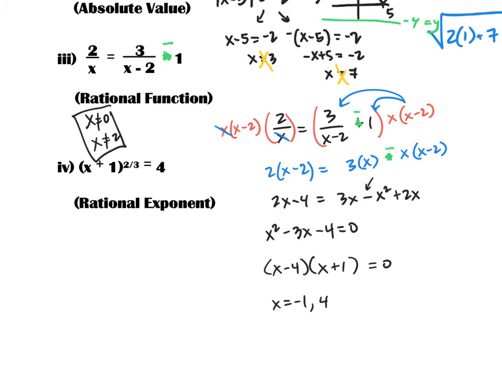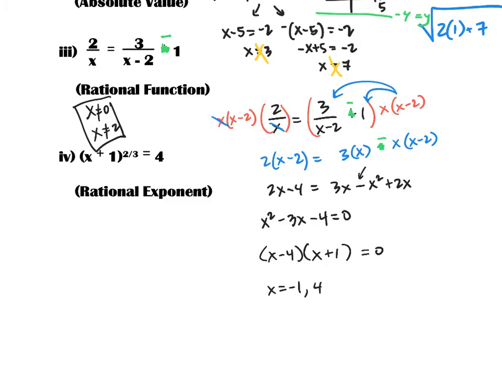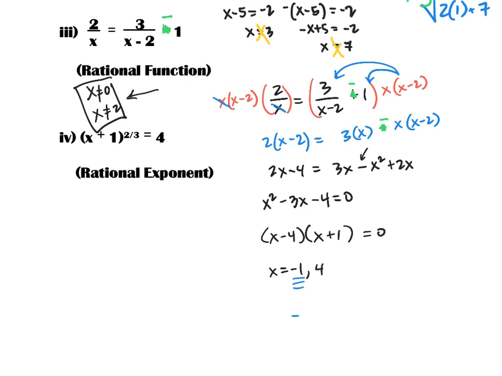So let's go back and check just to make sure. Clearly there's no issue with the domains that we talked about. So we don't have an issue with x equaling 0 or 2. Let's check and see what happens when we put in a -1 and when we put in a +4. So let's test -1 first. Okay, we plug in. On the left side, I'd get -2.